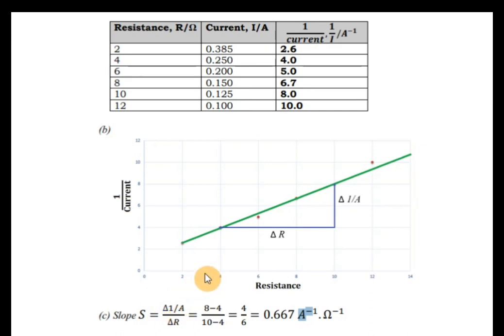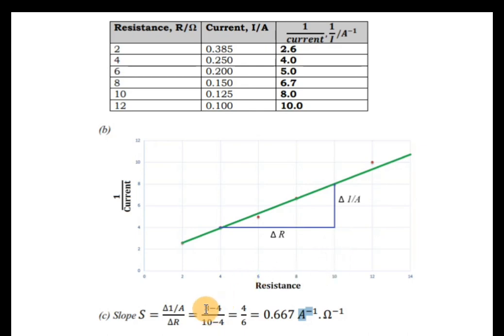So I'll take 2 points. The first point is here. They have y1 along the y-axis, which is 4, and x1 for the x-axis, which is 4. The next point is this one. They have 8 here and 10.